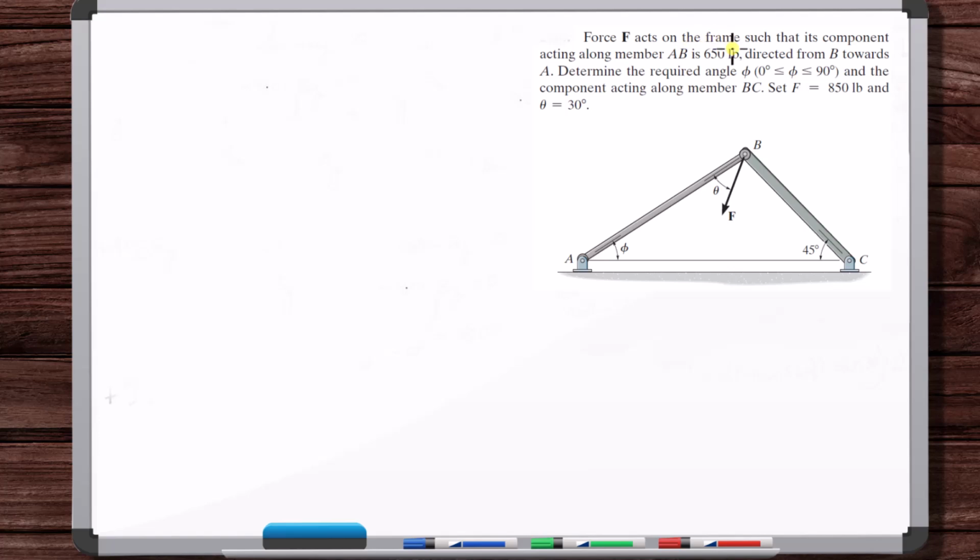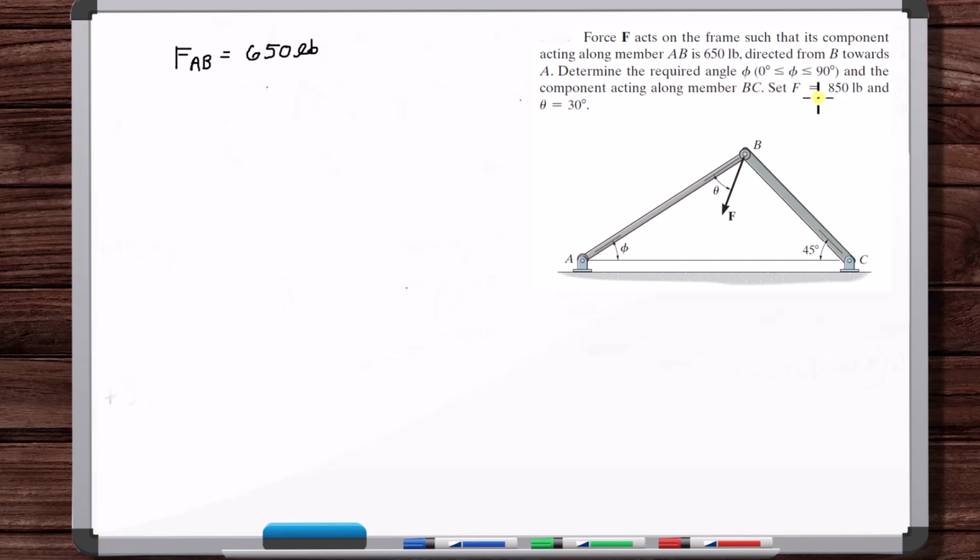Force F acts on the frame such that its component acting along member AB is 650 pounds. FAB is equal to 650 pounds, directed from B towards A. Determine the required angle and the component acting along member BC, so FBC.